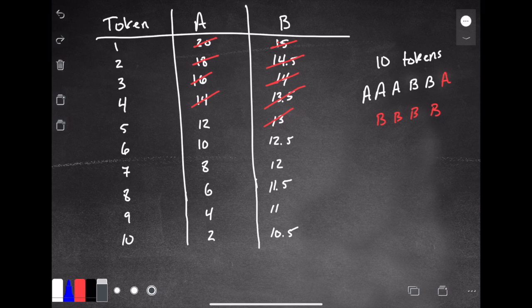But the overarching idea is that the revenue maximizing allocation of tokens would be to put 4 in A and 6 in B. Any combination other than that will yield a smaller total payoff.